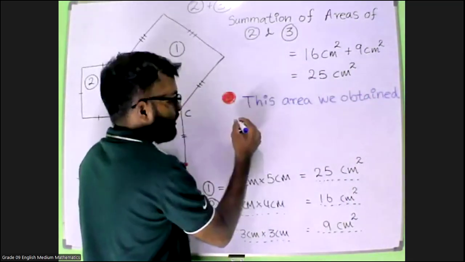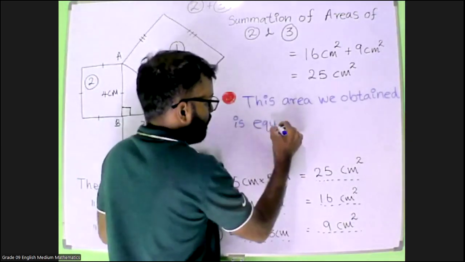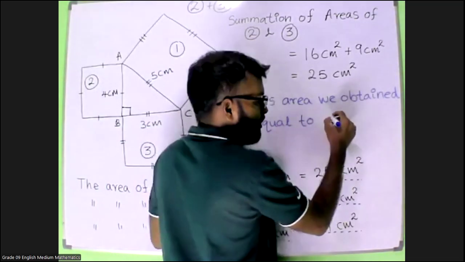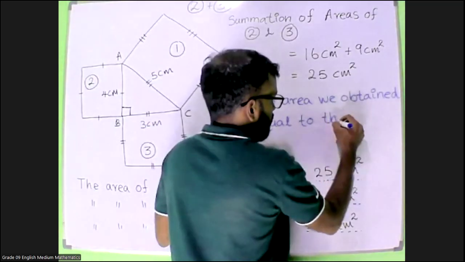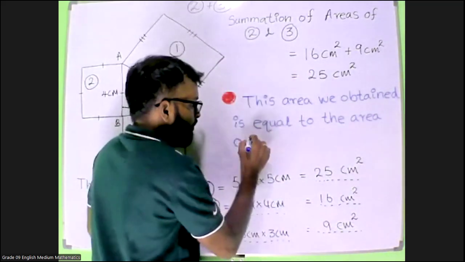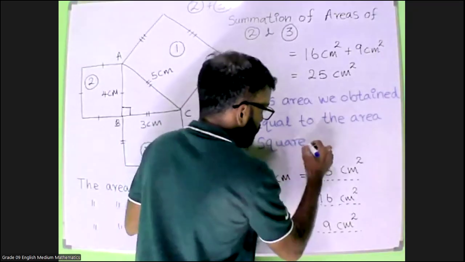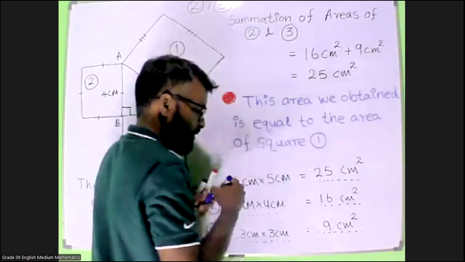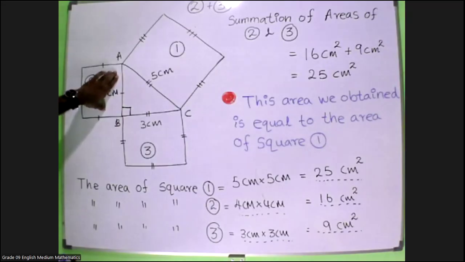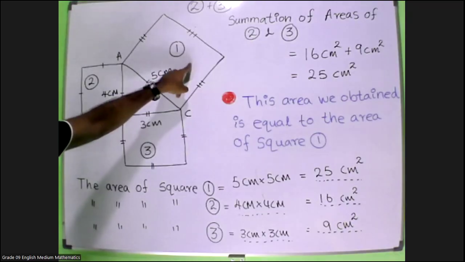This area we obtain is equal to the area of square number 1. So now we know if we get the addition of the areas of 2 and 3, it will be equal to the area of the square number 1.